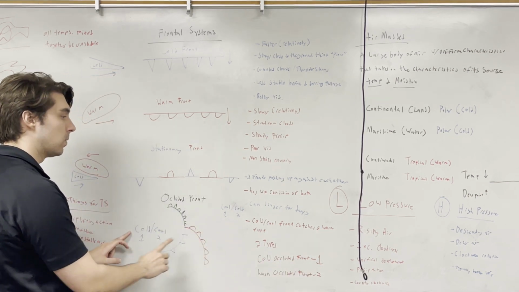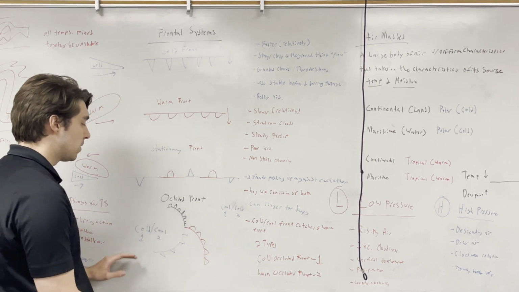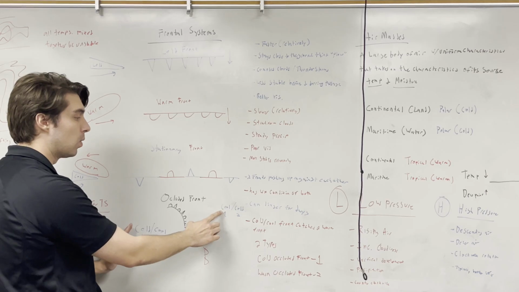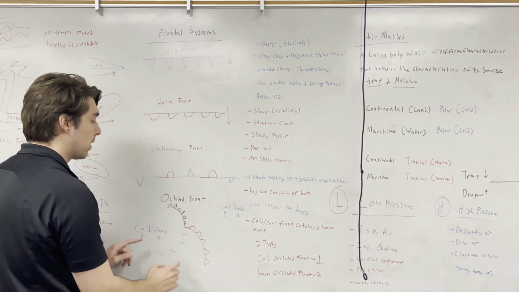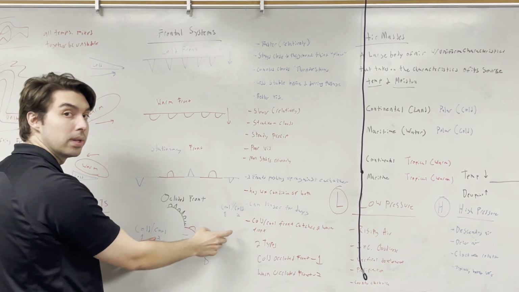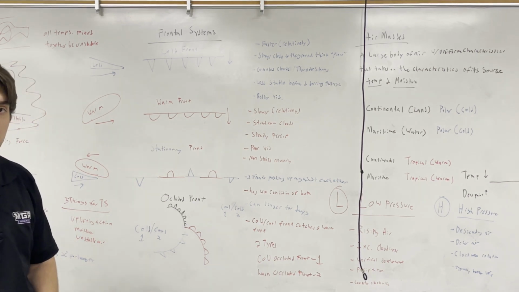So cold, cool is 1, and then cool, cold is 2. So the coldest air is in the back on a cold occluded front, and it meets the cooler cold air in the front. A warm occluded front is the cool cold air catching the warm front, catching the coldest air in the front. Okay? And then that's the weather ground.